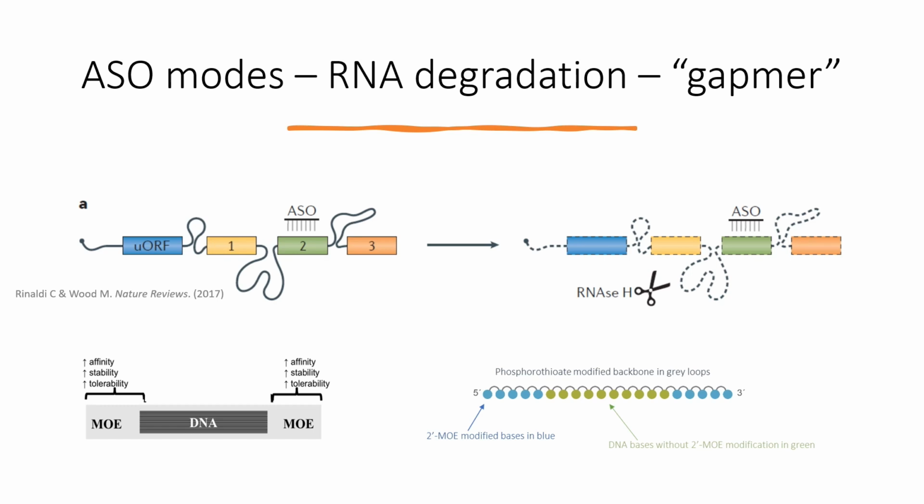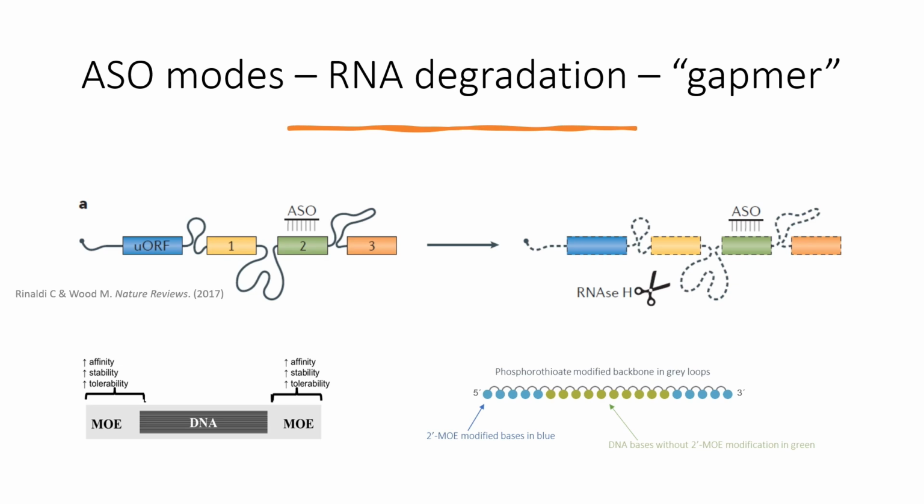It's called a gapmer because the chemical modifications of these non-natural nucleotide bases are done in a way that the wings of the molecule, this is a 20-mer oligo, have a different chemical modification than the core. This type of ASO, when it binds messenger RNA, directs the RNase degradation of that bound piece of RNA. So this complex of the gapmer ASO bound will cause destruction of that RNA.